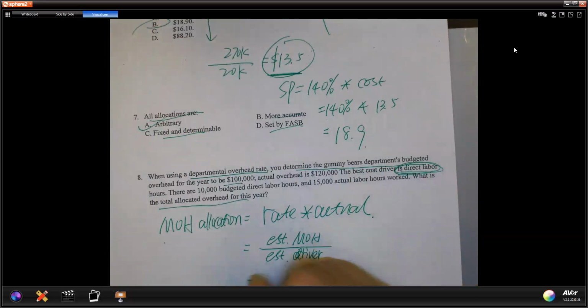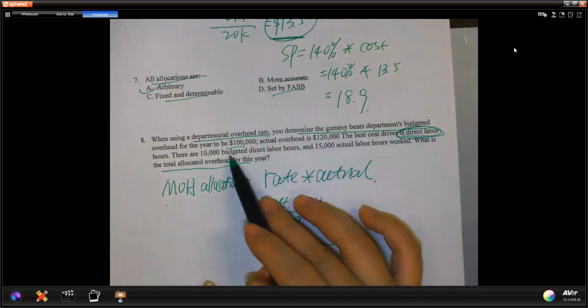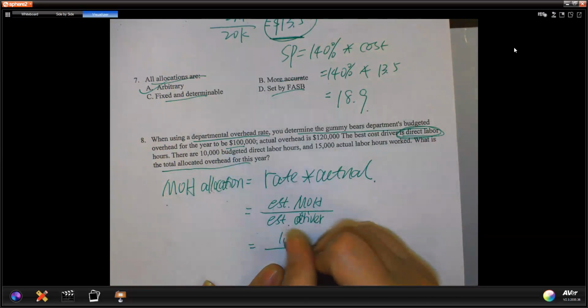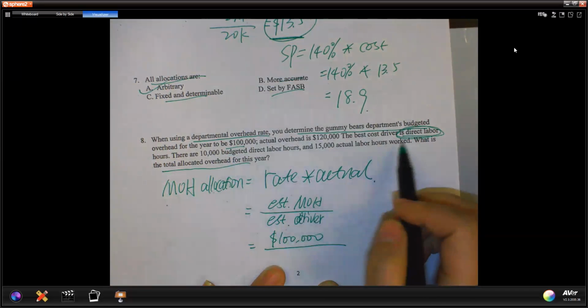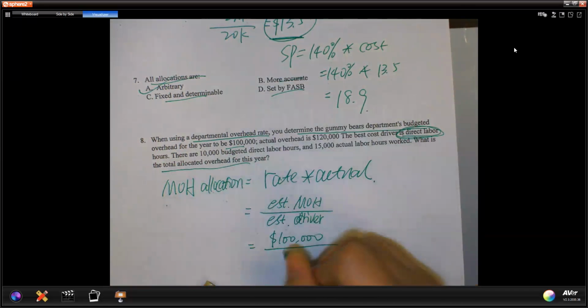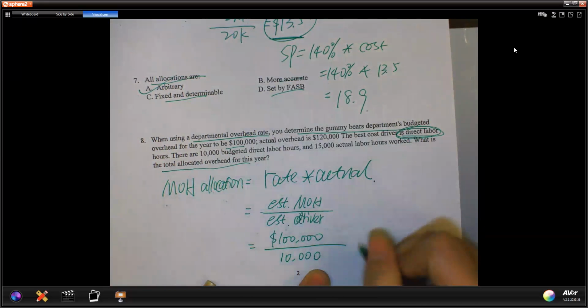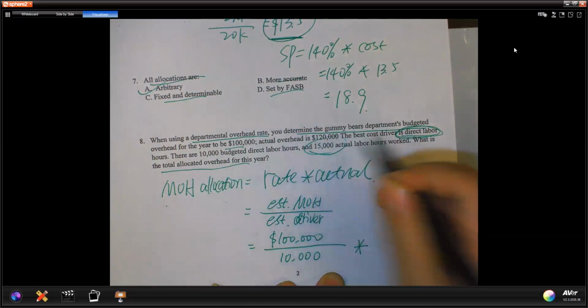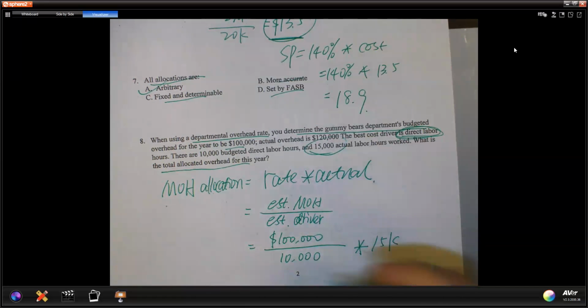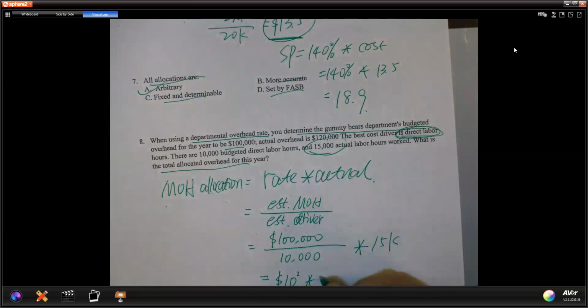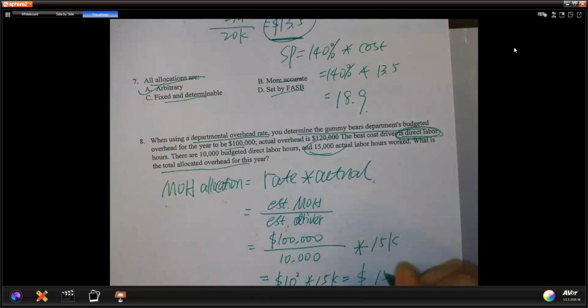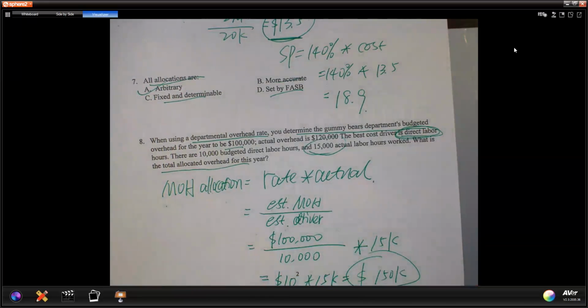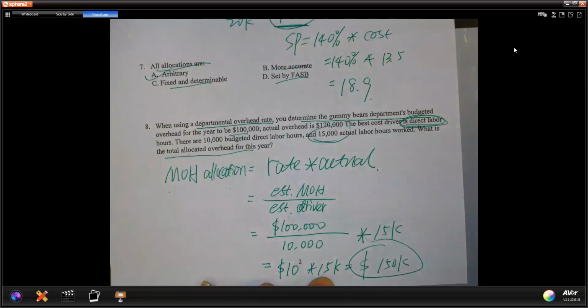Estimated manufacturing overhead is your budgeted $100,000. Based on direct labor hours, we budgeted 10,000 direct labor hours, and we actually used 15,000. That gives us $10 per direct labor hour times 15,000 actual direct labor hours. So our allocation is $150,000 of departmental manufacturing overhead.